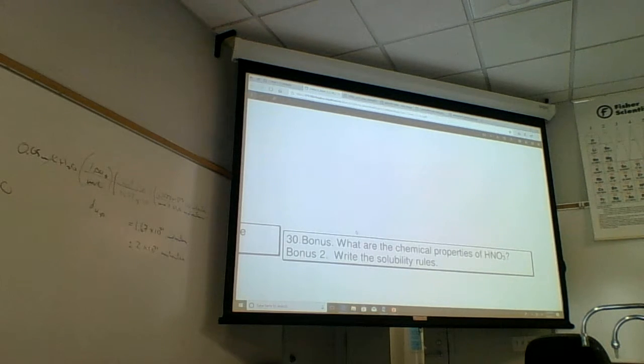Compound decomposes into elements, so it'd be element plus element. Both are redox reactions. So that was the redox. Then we have the metathesis, which we're going to just focus on the double replacement style metathesis.